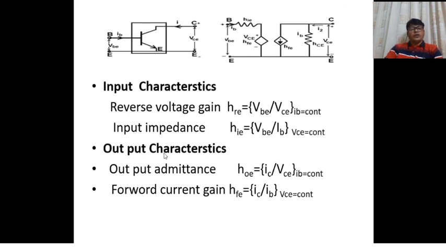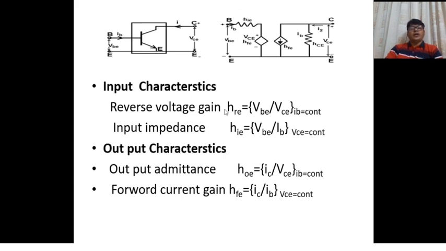Output characteristic, how to calculate the output characteristic? In order to calculate output admittance hoe, that is the ratio of output current to the output voltage when base current is kept constant, means your input current is 0. And forward current gain can be calculated as output current to the input current, that is collector current to the base current, keeping output voltage constant.